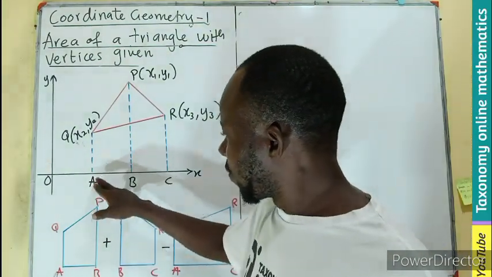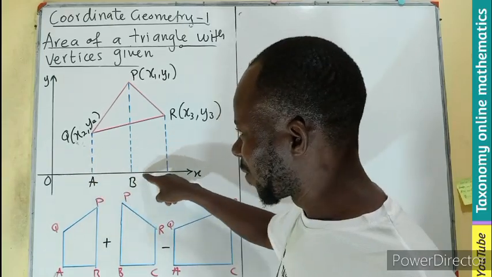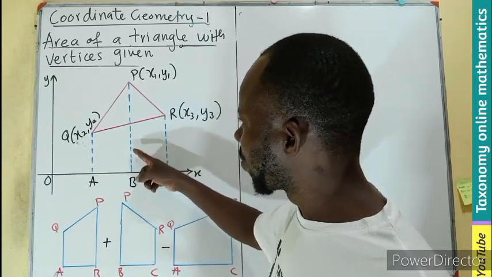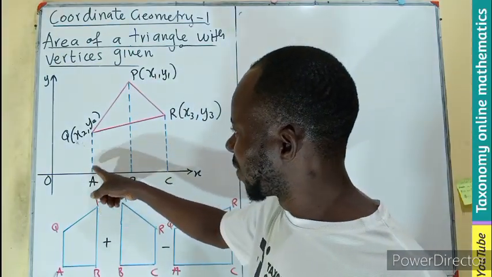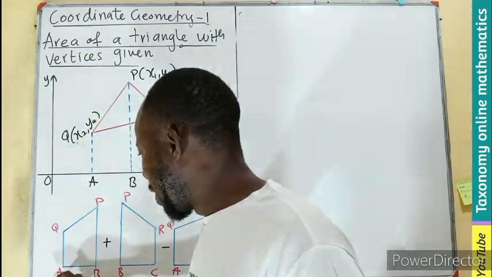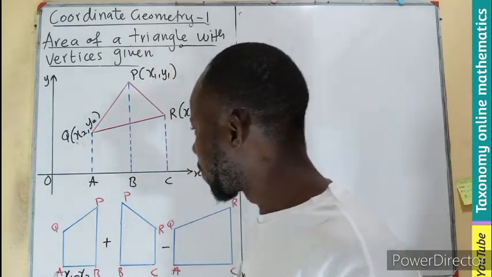Don't forget that from here to here is on the x-axis. So the x-axis has the highest point here as x1, so here will be x1 minus x2.